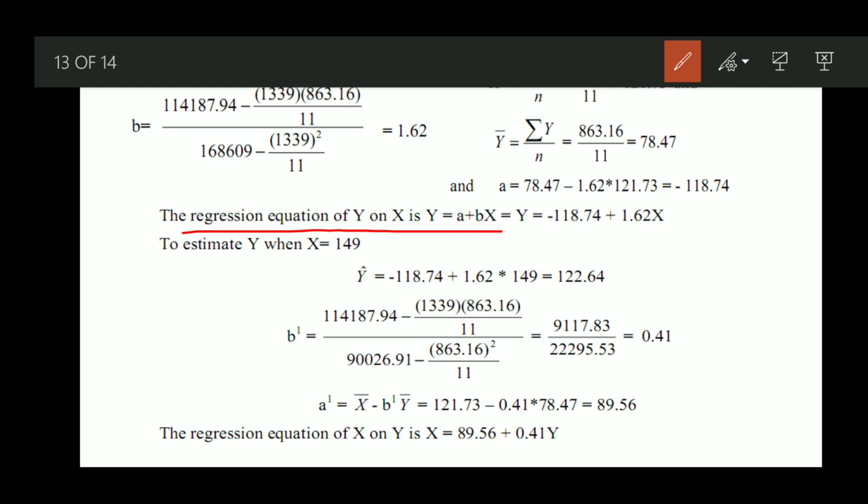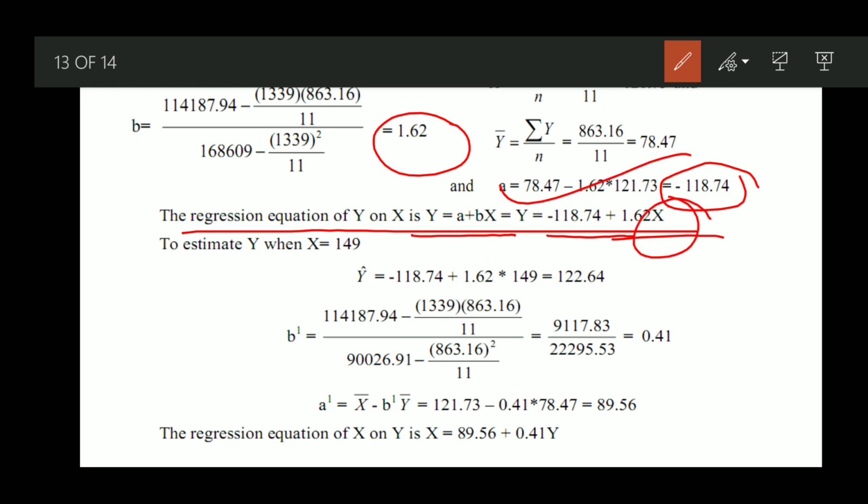So the formula is y equal to a plus bx. What is your a here? A is minus 118.7574, plus, what is b here? 1.62 into x. So now if you know the value of x, easily you can get the value of y. So this is the equation of y on x.